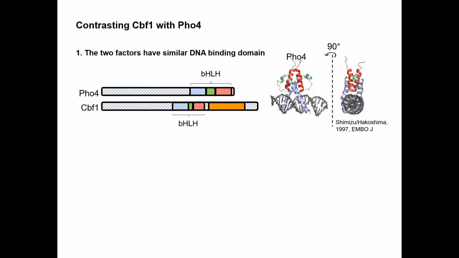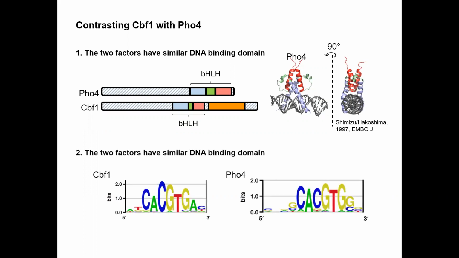And the interesting thing is that because these 2 DNA binding domains are similar, they actually bind to very similar sites. These are the recognition sites of the 2 proteins, and you can see the most important nucleotides are exactly the same, and they differentiate based on some neighboring sequence.